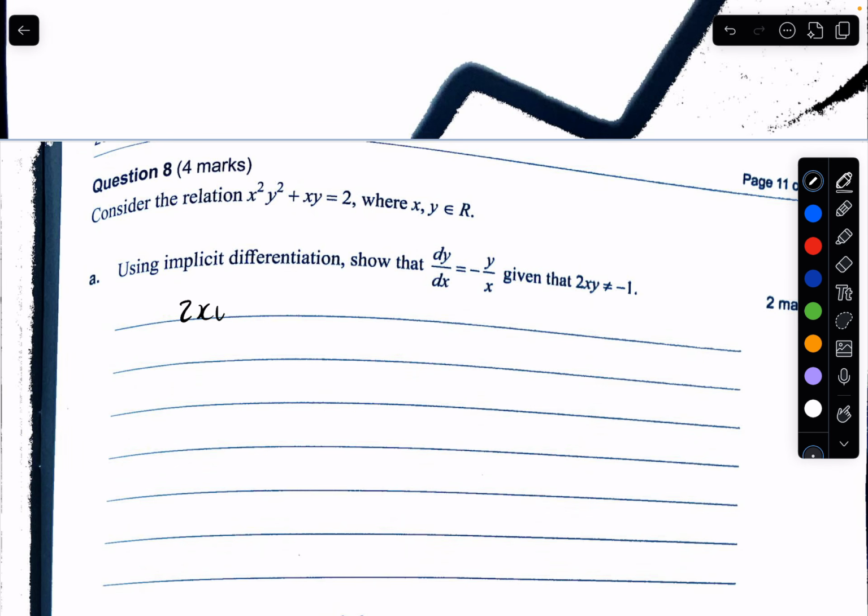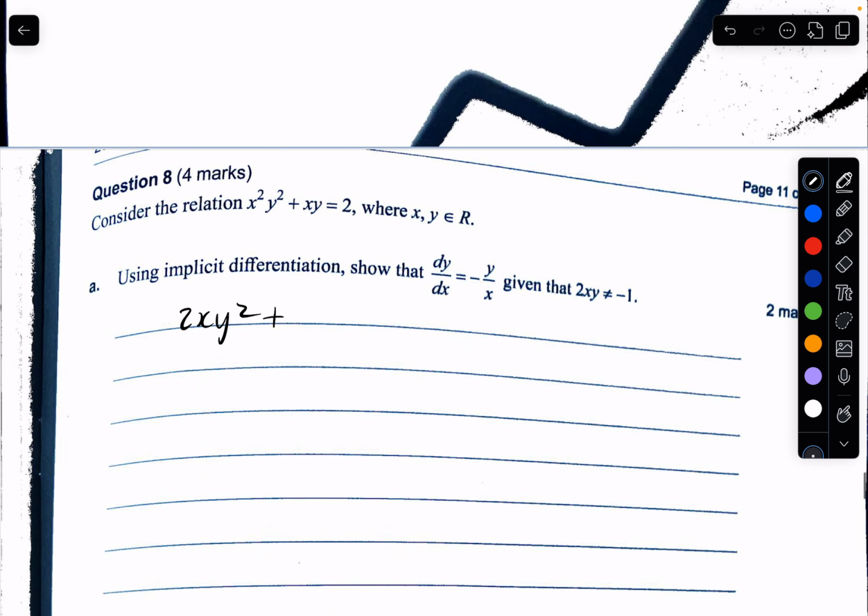Okay, so 2xy squared plus 2y, so x squared, 2x squared y dy/dx plus x plus y, plus y plus dy/dx is equal to 0.